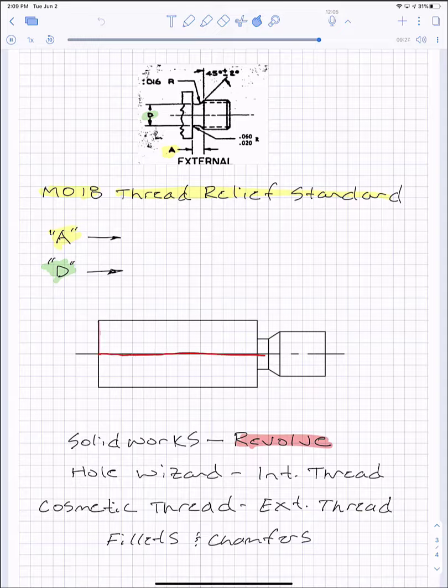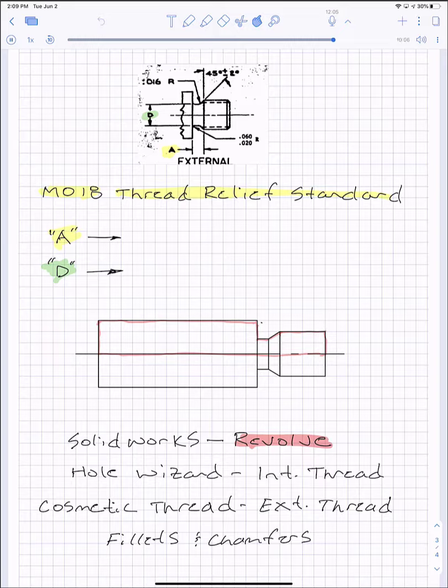It'll be a here, up and over, and there's fillets on this thread relief. We're going to leave those blank so that we can add those as features. Here we go. So once we make that sketch, we'll revolve this around the axis going through the middle of the part.